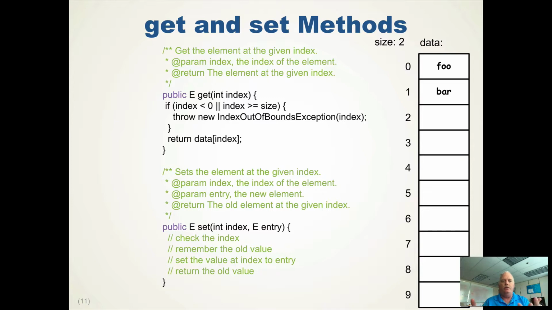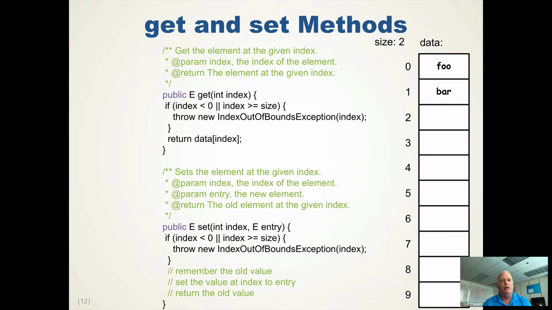Very similarly, the idea is we need to check the index. The set method returns the thing that was in the list, so we have to remember the old value, because once we overwrite the value, we've lost it. We then overwrite the value, and then we return the old value. So again, we check the index: if the index is negative or greater than or equal to size, because size is not a valid index, we throw our exception.